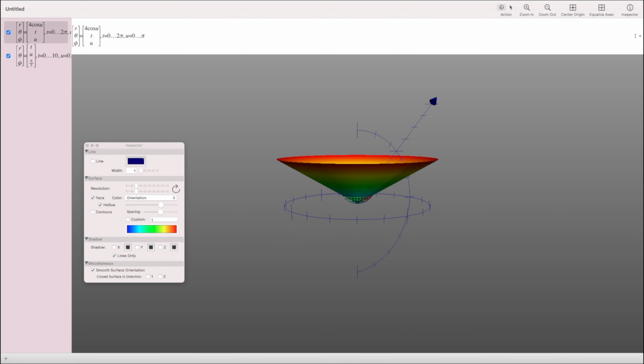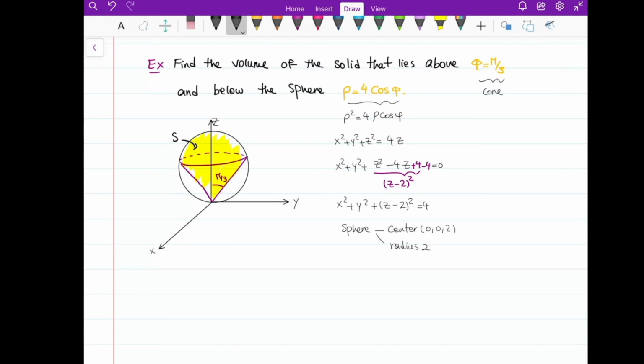Okay, so now let's actually calculate that. The volume using the triple integral would be the triple integral of 1 dV over the solid S. Now let me set up all the bounds in spherical coordinates. I'm gonna move this a little down, and then I have 1.